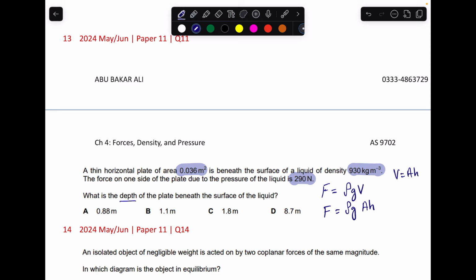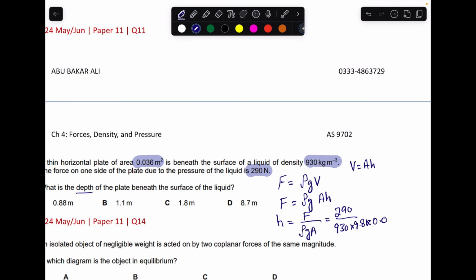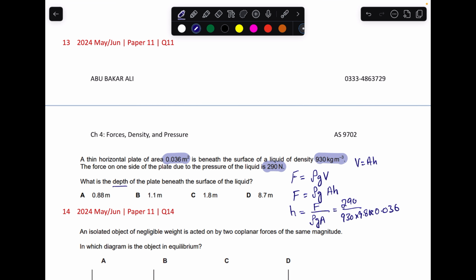So as we have to find the depth, h is equal to F divided by rho g A. F is 290, density is 930, g is 9.81, and this is 0.036. Calculating this, we will get 0.882. So it's option A.